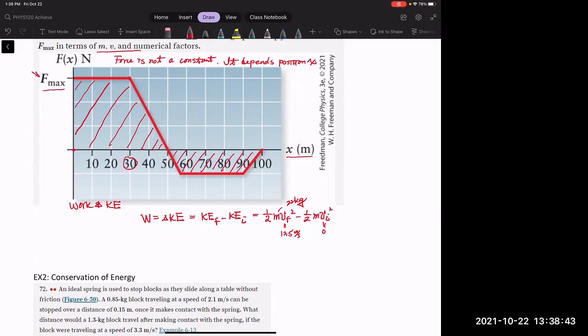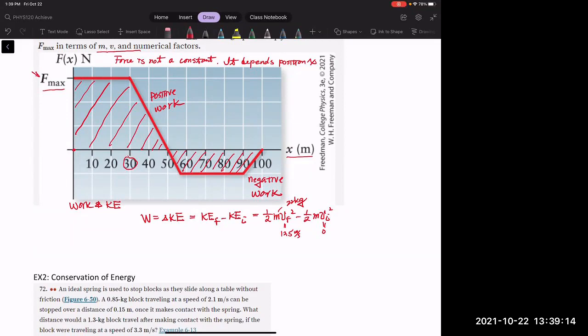So you can see the area is not the same, and also if you go down to the bottom, this will be a negative work. If they are on the positive side, this is positive work. Okay, so the work is simply just the area.